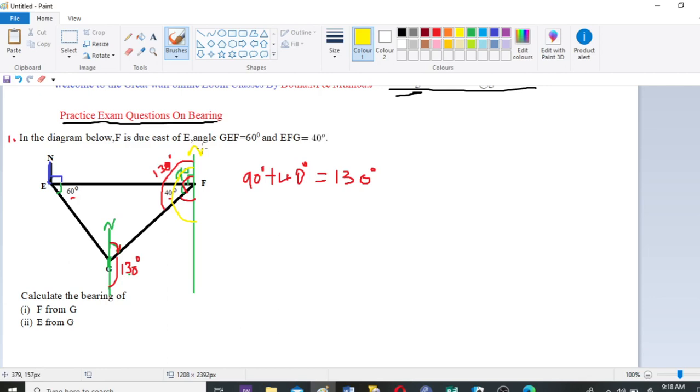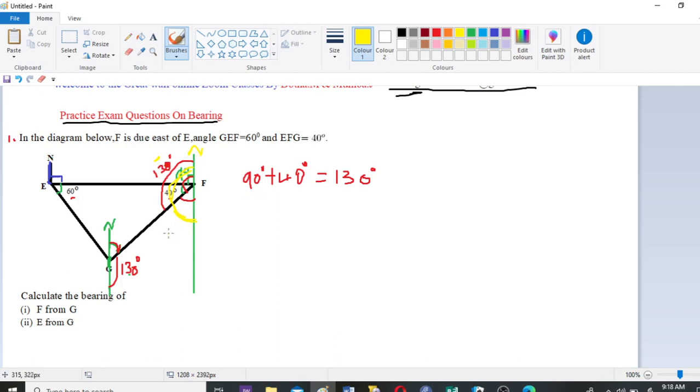So we are considering this straight line to be 180, like we saw in the introduction. If the whole angle on this side is 180, then out of 180 we've been given this 130. So what is remaining will give us this angle.